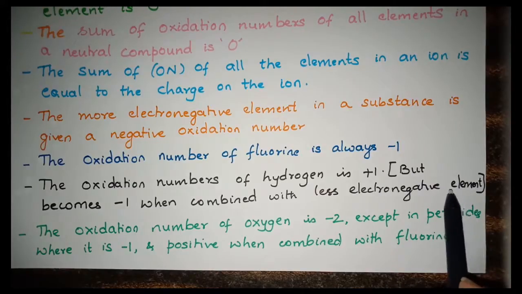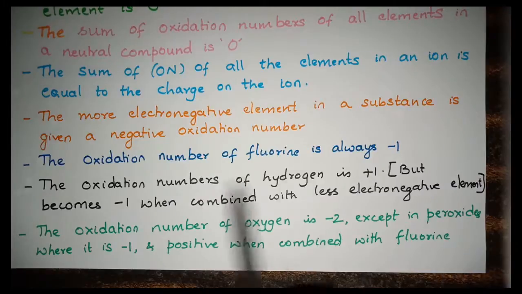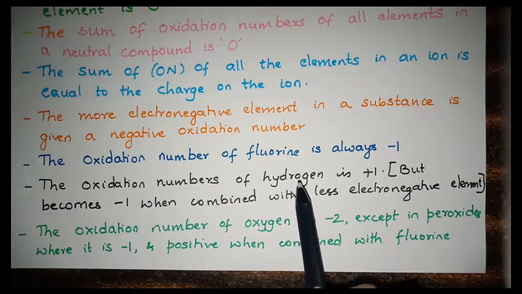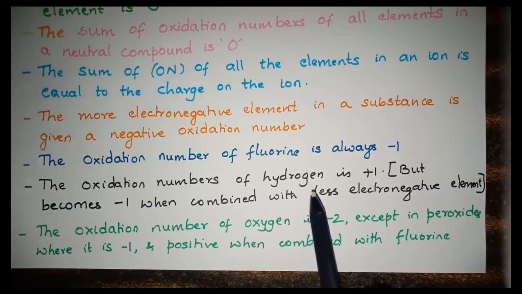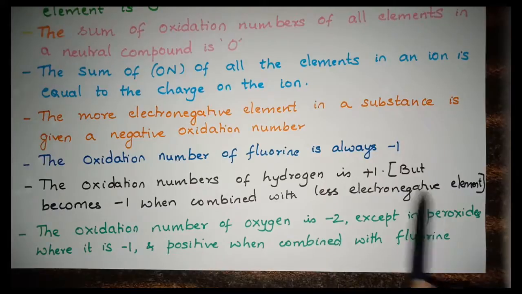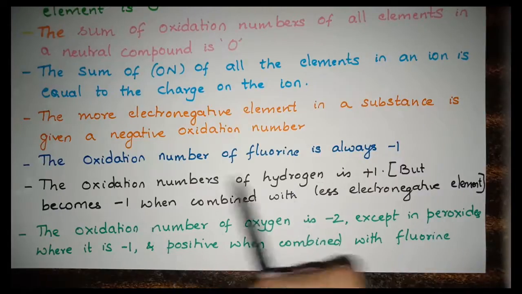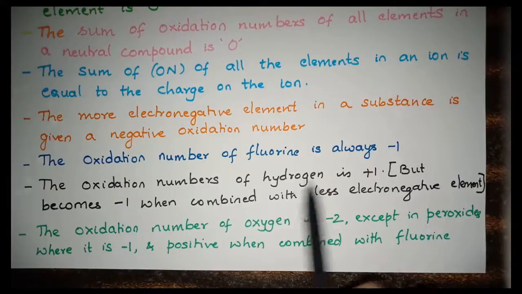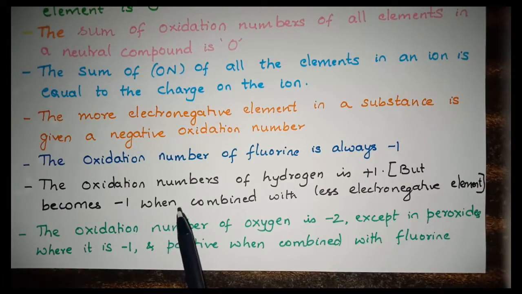Now here your periodic table understanding should come to the rescue. You should know the periodic table, and you should have a clear idea of which elements would have a lesser electronegativity than hydrogen. So normally it is +1, but if it is binding with a less electronegative element, it becomes -1.